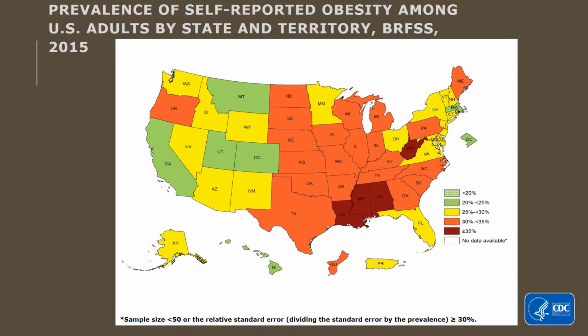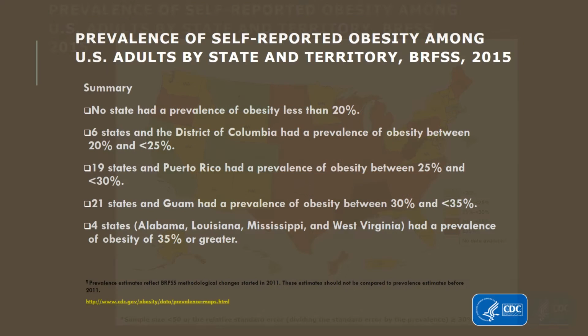If you look at Alabama and the red states, that means that greater than 35% of the population reported being obese. So, of course, that's very alarming. Here's just some key information from that BRFSS data nationwide.